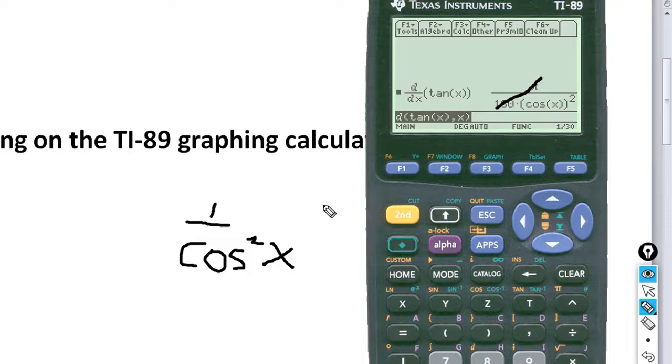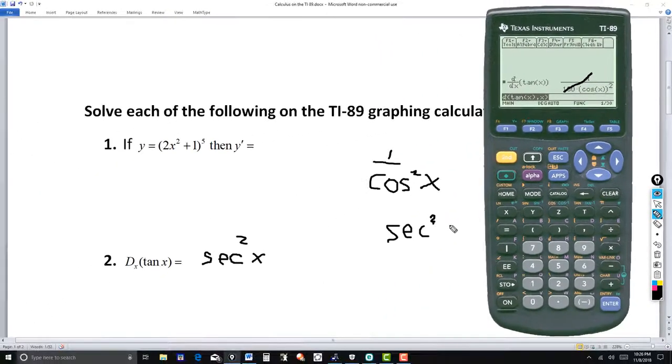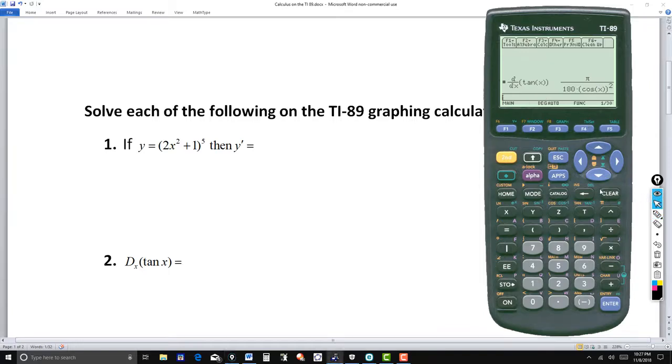But if you know your trig identities, 1 over cosine squared x is the same thing as secant squared x. Okay, so this type of thing might come up on some others, so keep that in mind. And it's because of the way it's programmed. Let's clear this. Clear this over here.